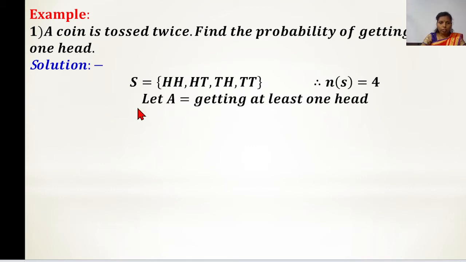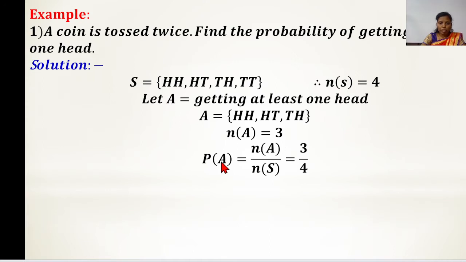Now let us consider an event A, which is getting at least one head. Then the possible outcomes in that event are head head, second is head tail, third one is tail head. At least one head means minimum 1 and maximum 2 heads are to be there. Therefore, n(A) is equal to 3.